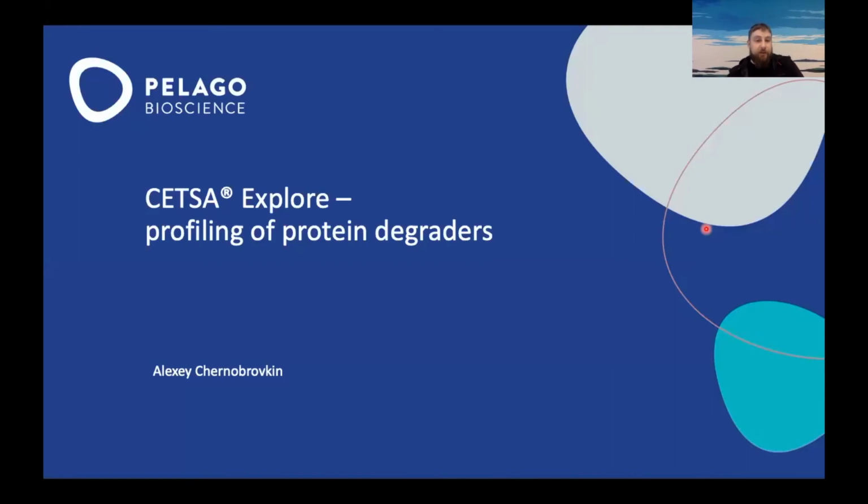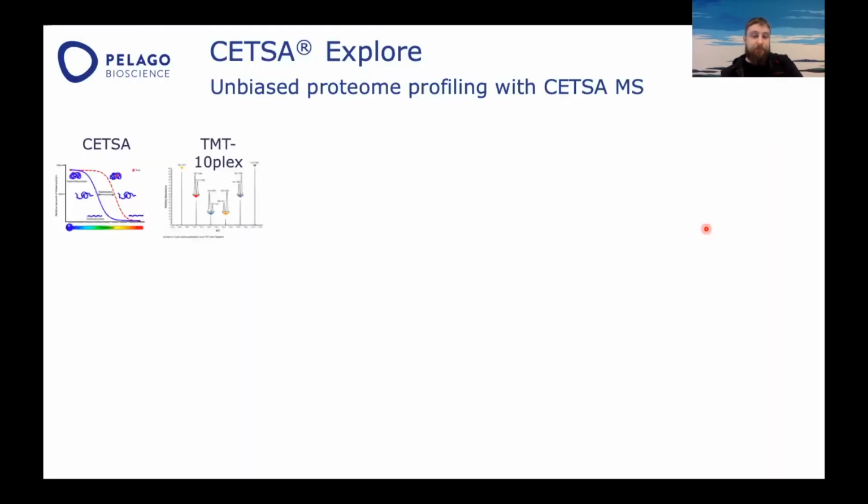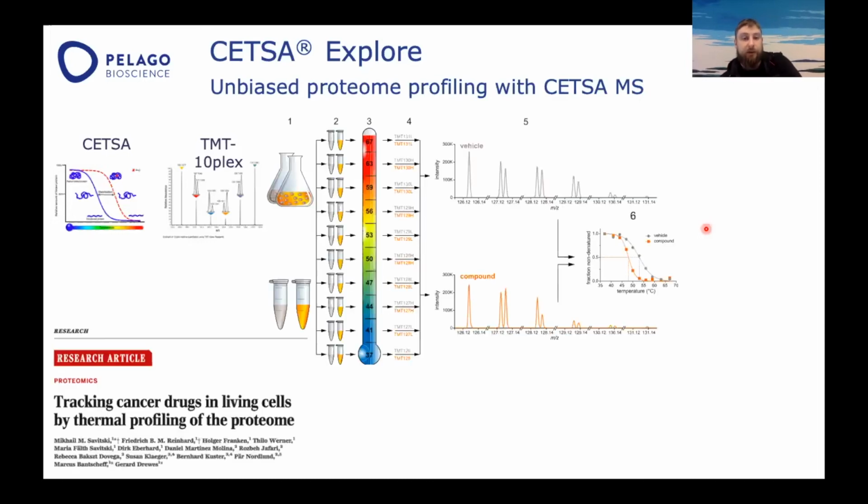So now I'm going to switch gears and talk about CETSA Explore, application of CETSA to profile whole proteomes. So the combination of the CETSA principles and the power of MS-based proteomics allows one to measure compound-induced stabilization or destabilization of virtually all proteins in the cells in one go.